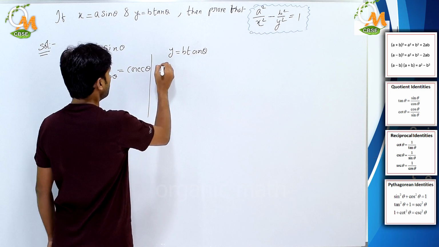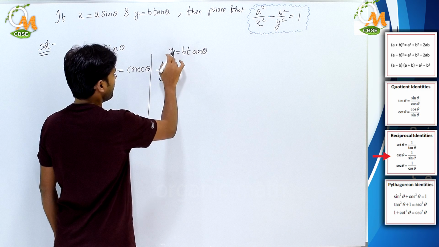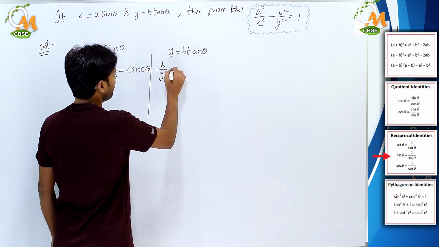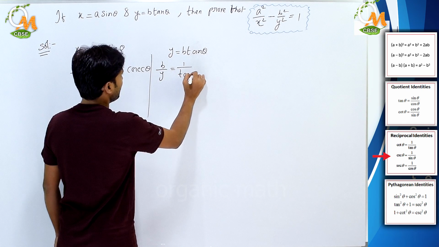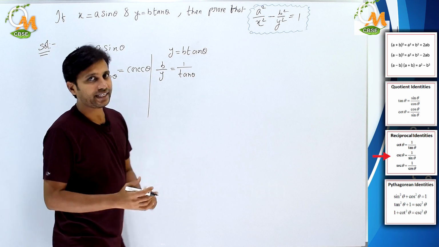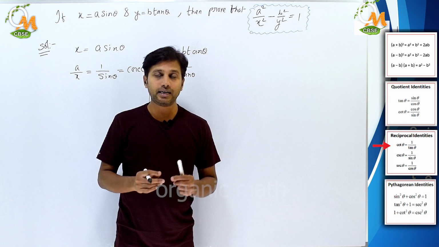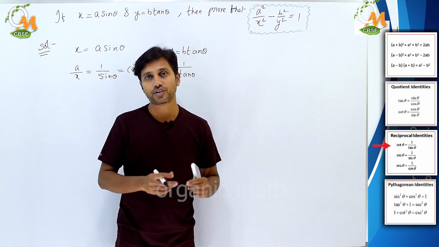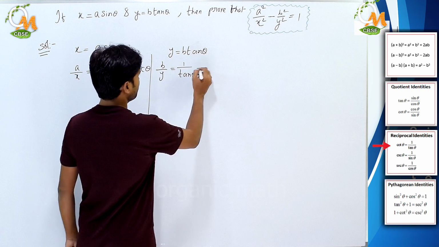What is 1 by tan theta? Yes, it is cot theta. Why? Because tan theta and cot theta are reciprocals of each other, so we can represent 1 by tan theta as cot theta.